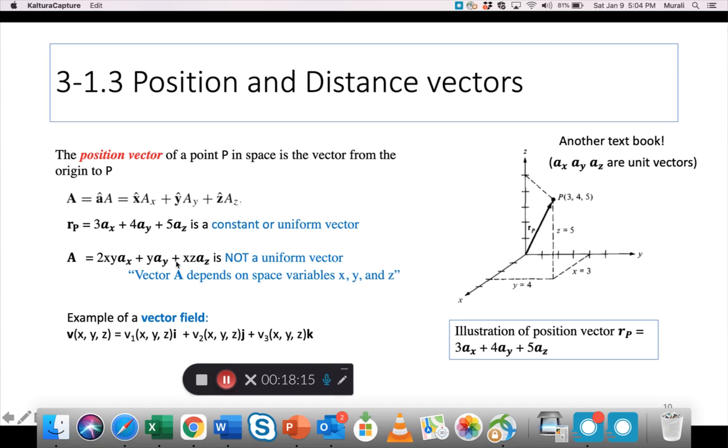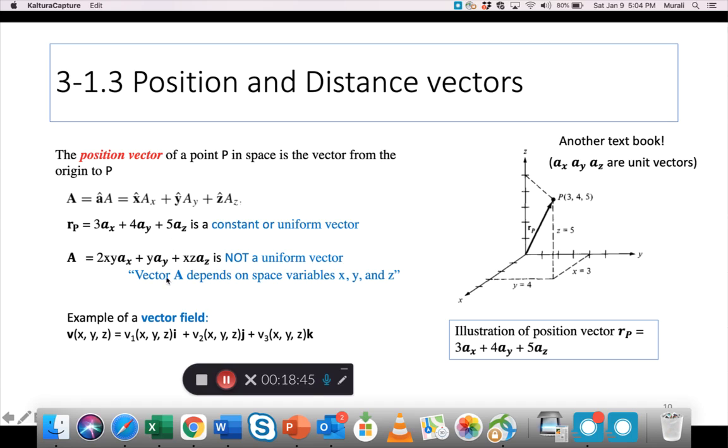You'll often run into, in fact, the bulk of this course, you're going to run into many vectors that look like this. The coefficients of ax, ay, az, or x hat, y hat, z hat, will not be numbers 3, 4, 5, 8, 9, 10, minus 1, 2, 3, whatever, but they will be in variables x, y, z, t, and so on.